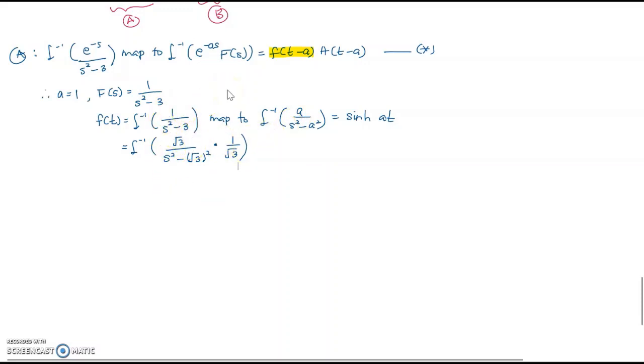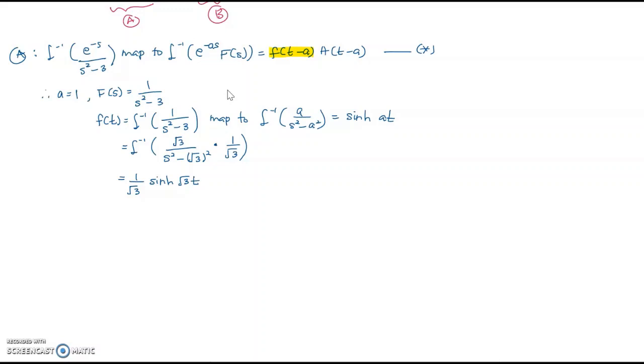By the linearity property, we know that 1 over square root of 3 can be put aside. What's left in the inverse is square root of 3 over s squared minus square root of 3 squared, which is sinh(at), where a in this case is square root of 3 t. So that is our f(t).